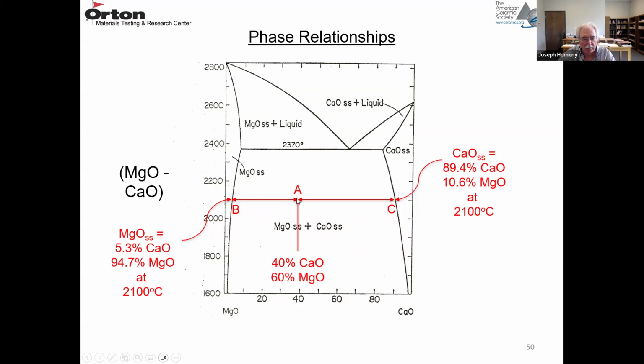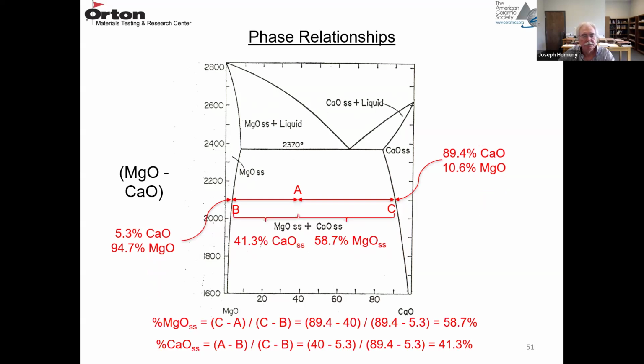Let's look to see what happens at 2100 degrees C at this point A. So our lever arms here, this is about 41%. This is about 59%. The composition here, I just mentioned, is about 5% CaO and 95% MgO. This composition is about 90% CaO and 10% MgO.